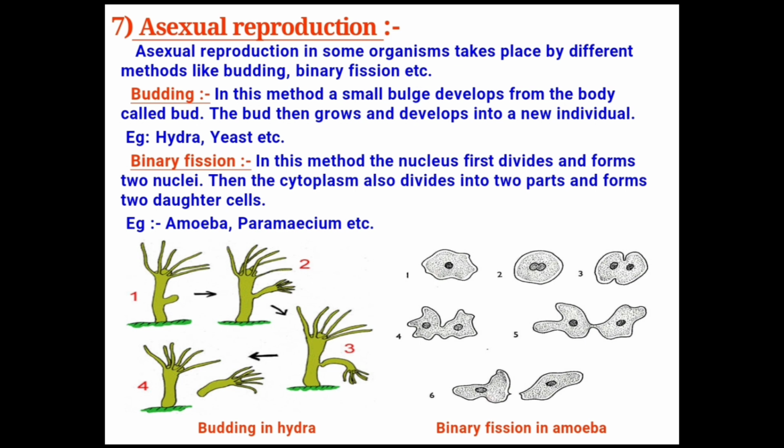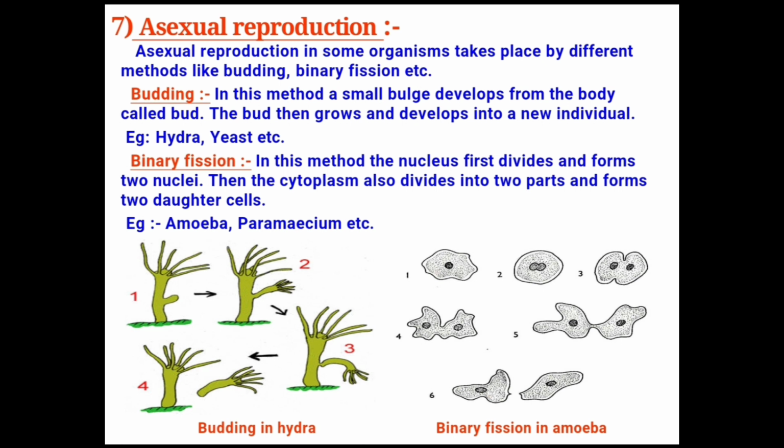In this method, a small bulge develops from the body that is known as a bud. It means a small bud-like projection is formed on the parent body. Then later it develops, and after complete development it gets separated from the parent body and forms a new hydra, right or not? So this is known as budding.